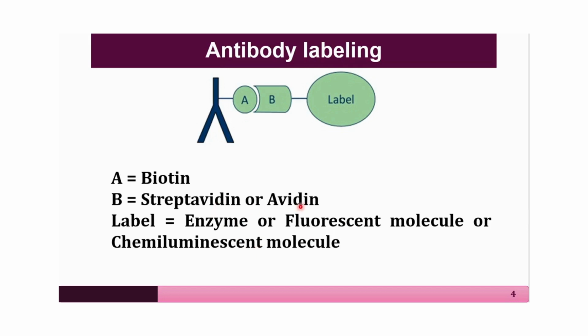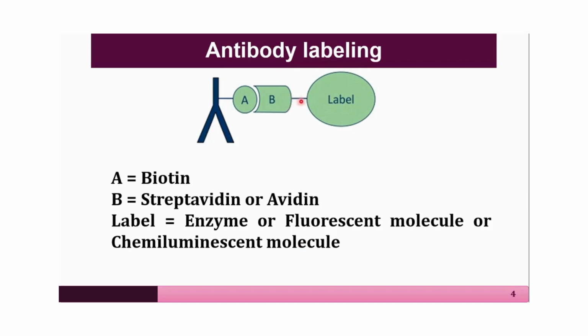Streptavidin or avidin is made to react with the enzyme, and that enzyme is linked to streptavidin through a linker molecule, where one can use glutaraldehyde, which helps in binding of the enzyme to the streptavidin. Similarly, the fluorescent molecule can be made to react with streptavidin by the linker molecule. Similarly, a chemiluminescent molecule can be made to react with the streptavidin.